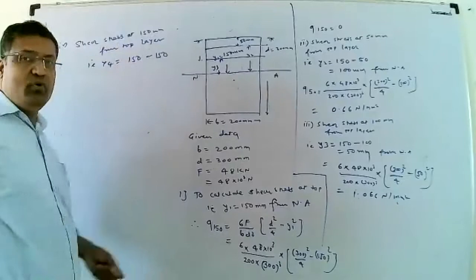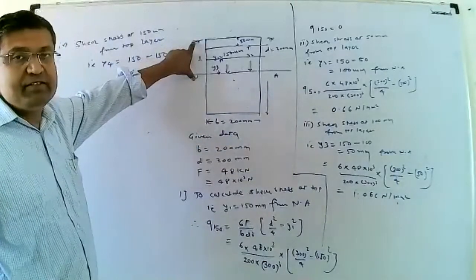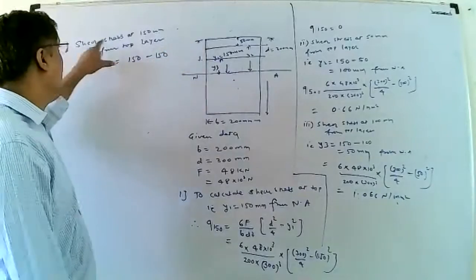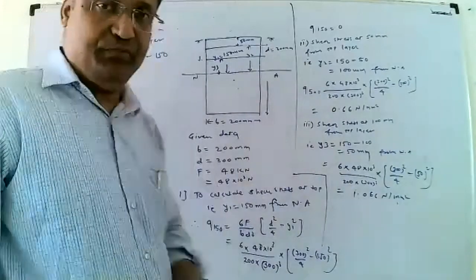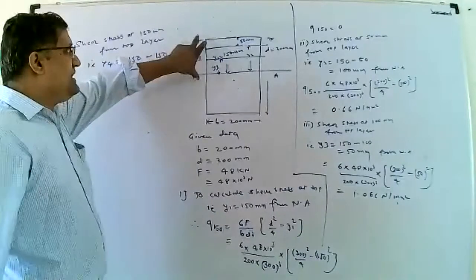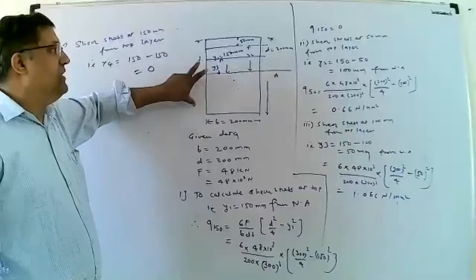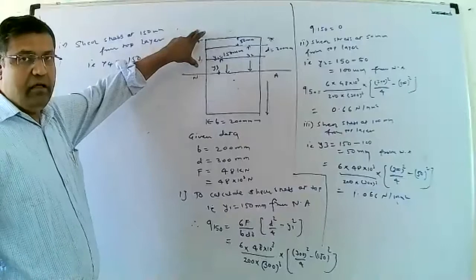The distance is 150 because that is half the distance. Here we have calculated shear stress at 150: 150 minus 150 will be equal to 0, because this distance is provided. The total length is 300 mm, that is half, 150 from the neutral axis to the extreme layer.